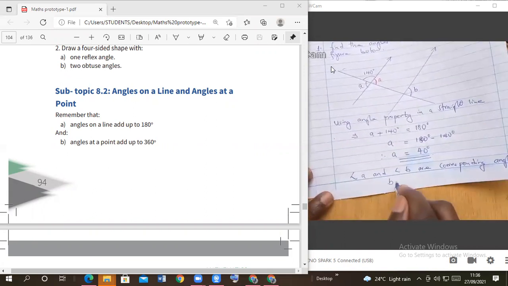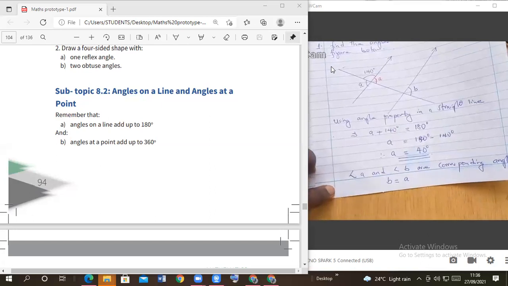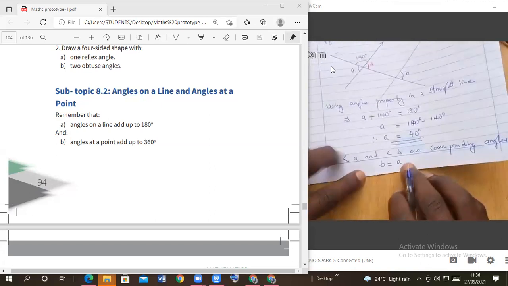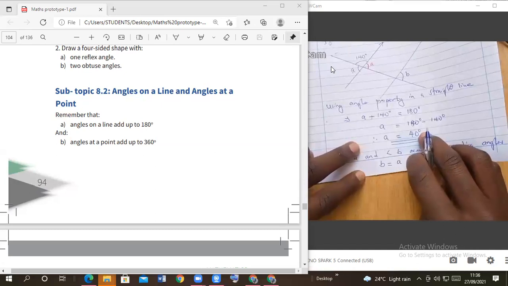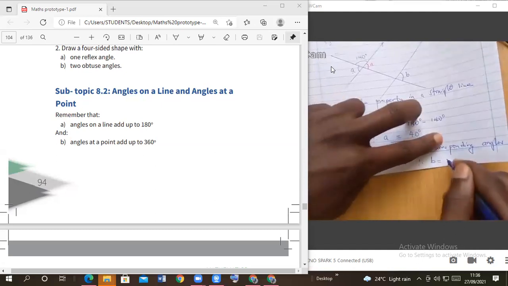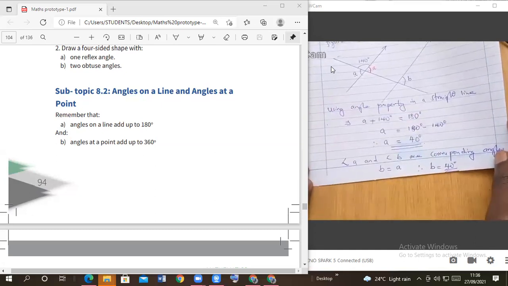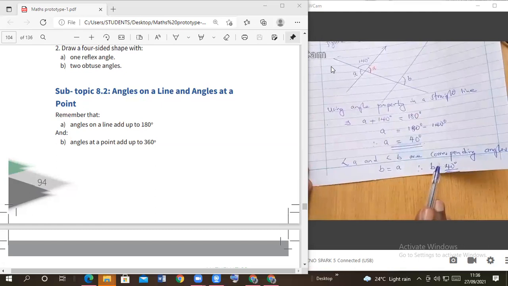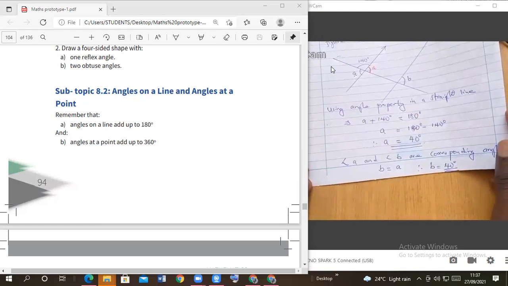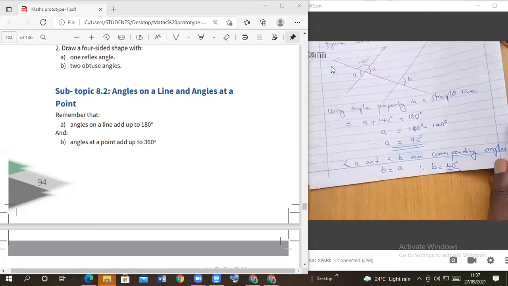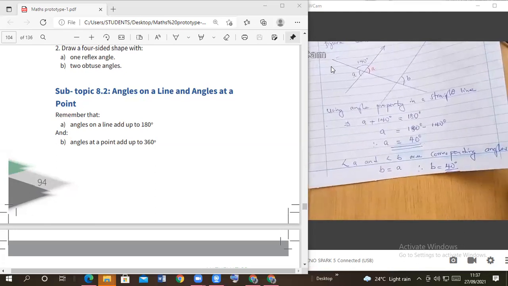Which means angle A must be equal to angle B. Now, A is 40 degrees, so B is also 40 degrees, because corresponding angles are equal. Members, are we together? Good.